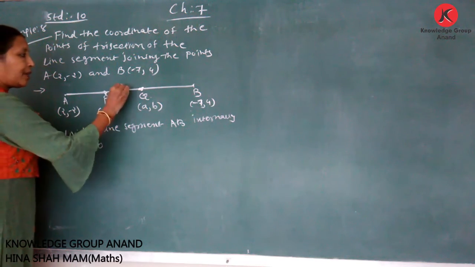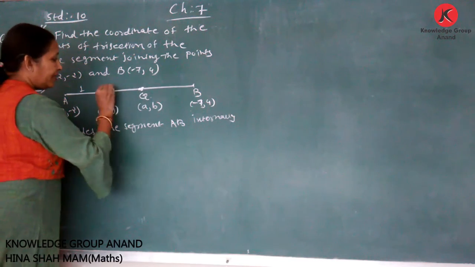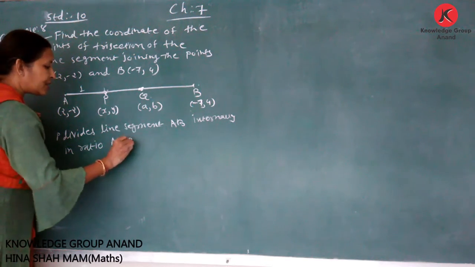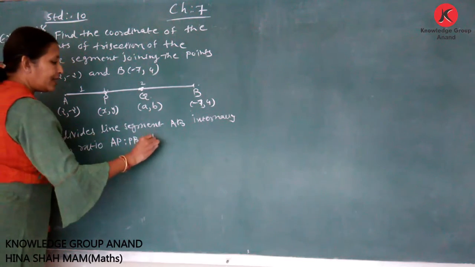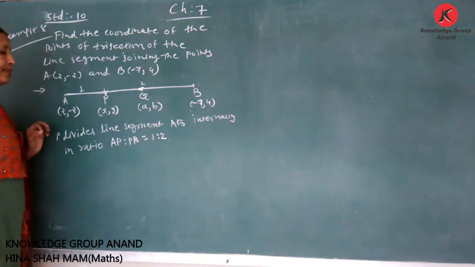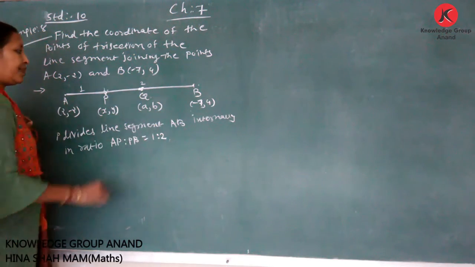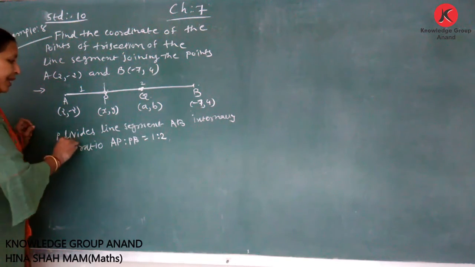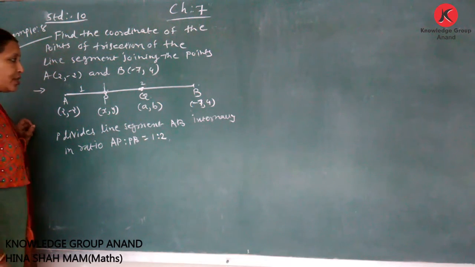It is one part and two parts. Therefore AP is to PB equals 1 is to 2. Now P divides line segment AB internally in the ratio 1 is to 2.